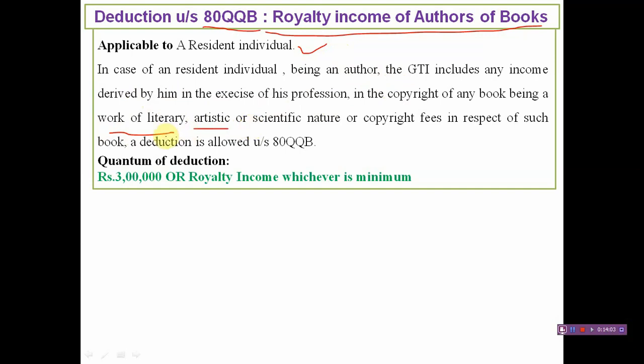A deduction is allowed under section 80QQB. In simple words, for royalty on books other than textbooks, an assessee can get deduction of such royalty under section 80QQB. And the quantum of deduction is rupees 3 lakh maximum, or the actual royalty income, whichever is minimum, it is the allowable amount.